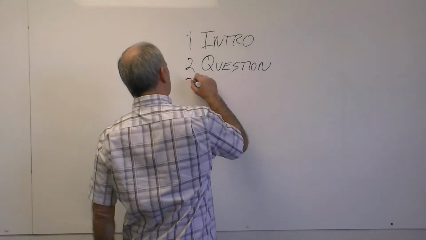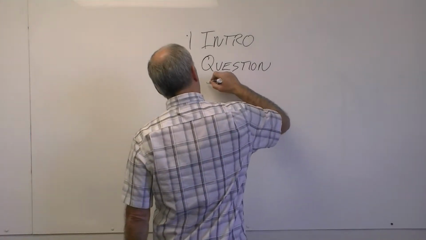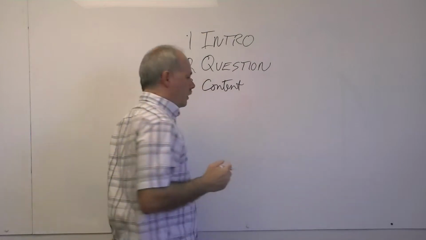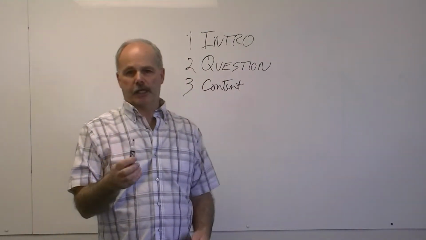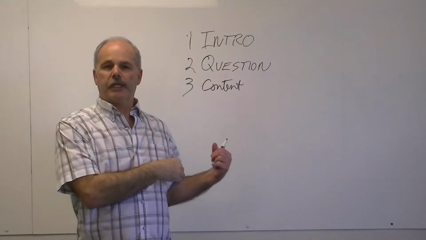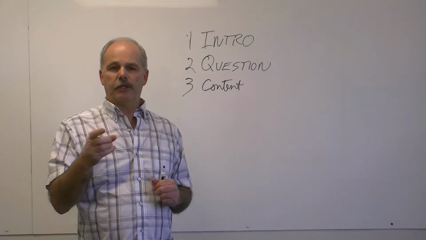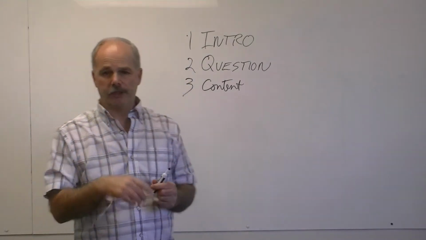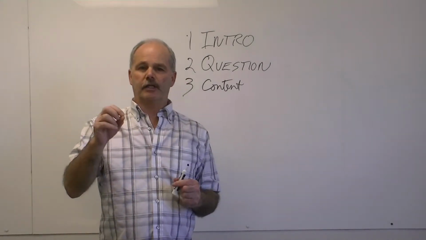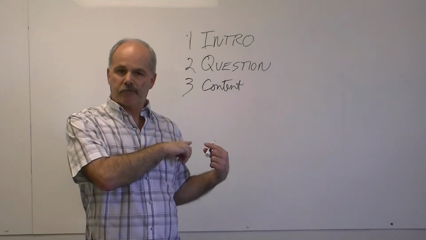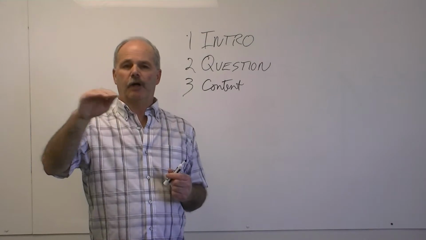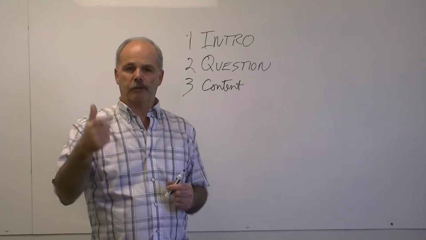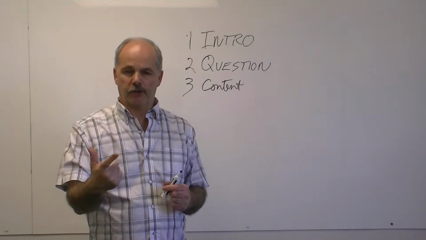Now, step number 3. Step number 3 is going to be content. What's important here is that you're going to be using bullet points. Just like these are bullet points, you're going to be identifying to the people when they've come to your video, you're going to rhyme off 3 bullet points that are relevant to their pain or problem, that are going to provide a solution for them.